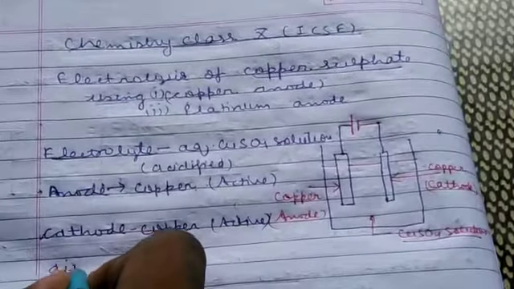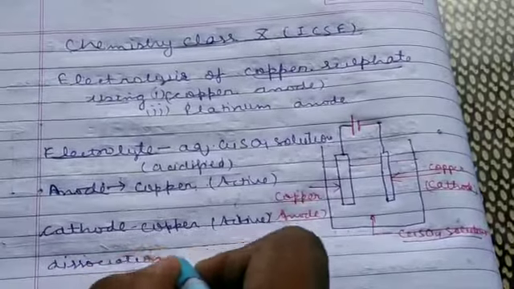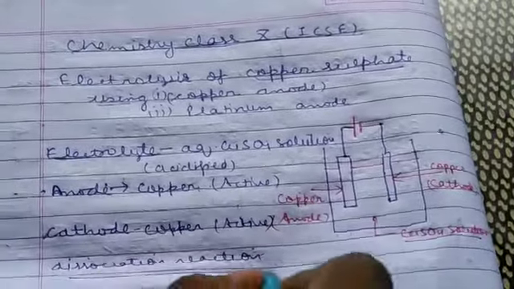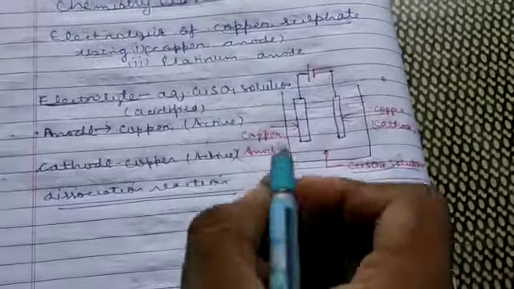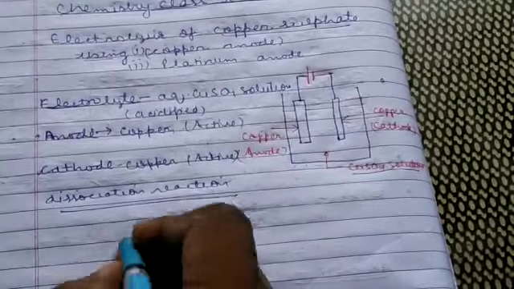What is the dissociation reaction on passing electricity? First, electricity is allowed to pass through aqueous copper sulfate, resulting in the formation of ions.